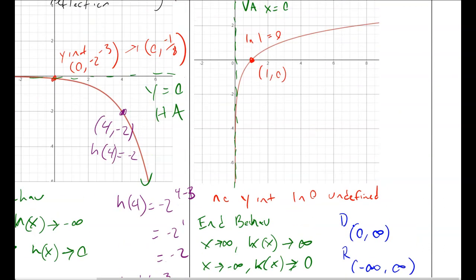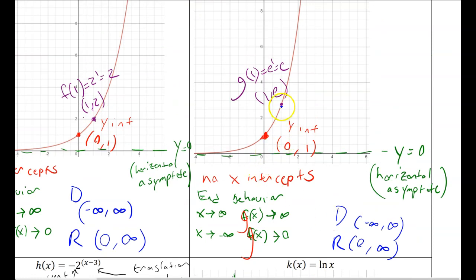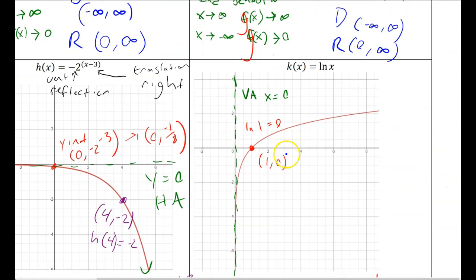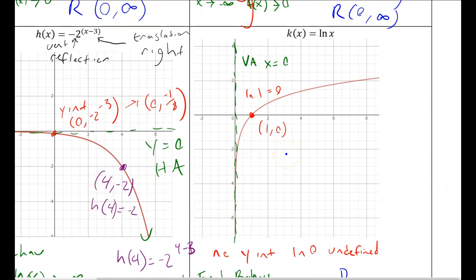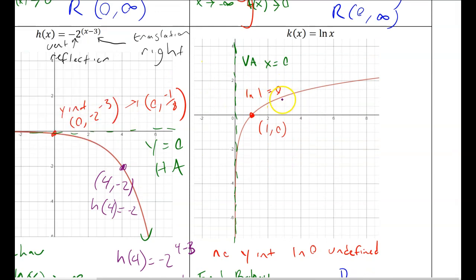And then finally, my key point, well, let's see. We were interested in the point 1 comma e. So my key point is really, where is my y equal to 1, right? So here's y equals 1. It's going to be right here.